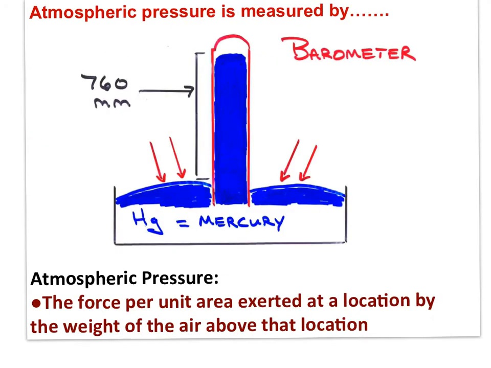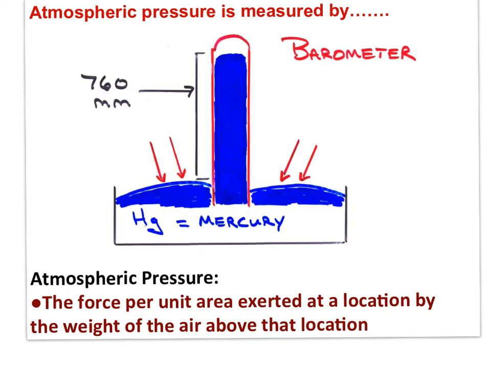Atmospheric pressure is measured using a barometer. A very simple barometer is shown here, where a tube filled with mercury is placed upside down in a dish of mercury. It's that simple. Atmospheric pressure pushing down on the mercury in the dish maintains the column of mercury within the tube at 760 millimeters above the surface of the mercury in the dish.